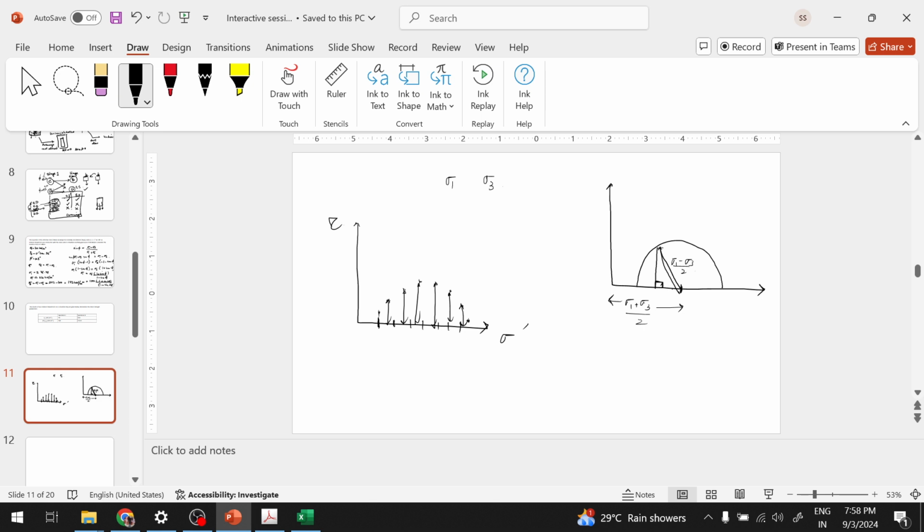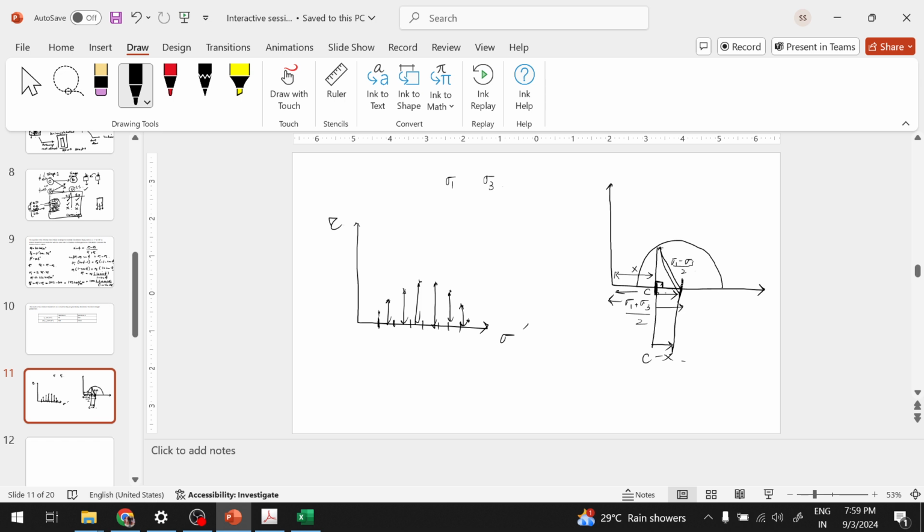I know x, so this will be, let's call this C. Okay, and C, whatever my x is, for example here, this value will be, this is x, C minus x, isn't it?